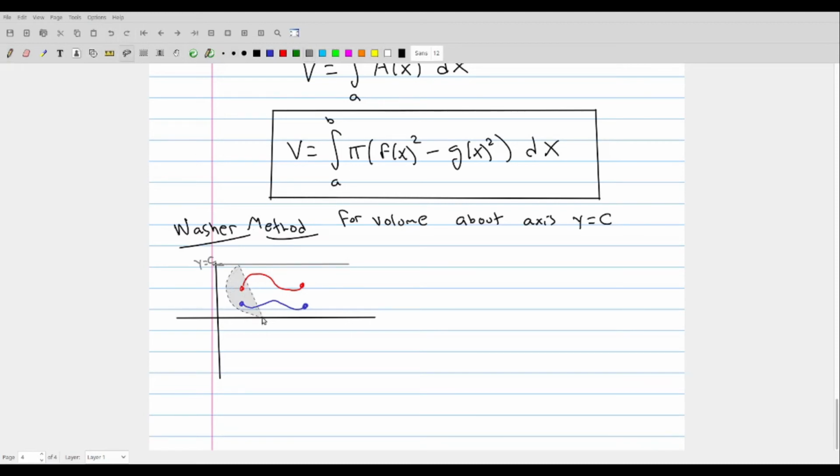Well, again, the picture that you get is very, very similar. You take a carbon copy and you rotate. So revolving around an axis c ends up giving you a direct copy again, just like before, but the surface of revolution is around the axis y equals c.